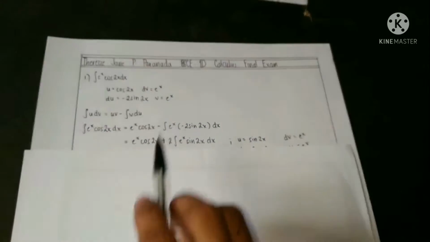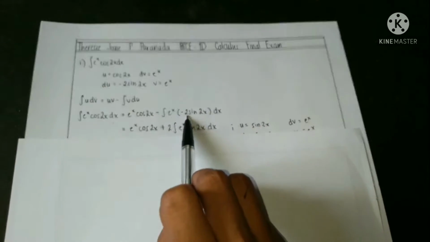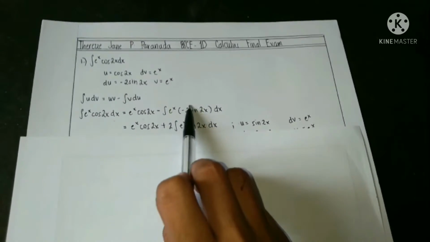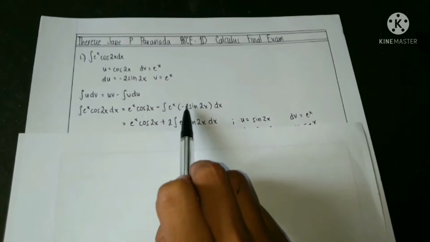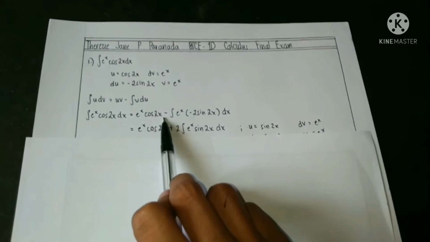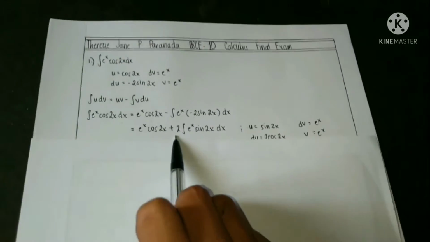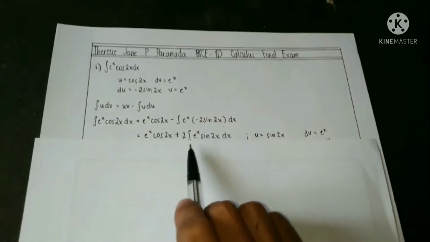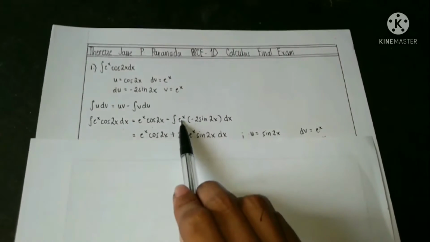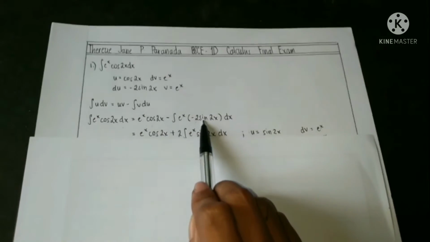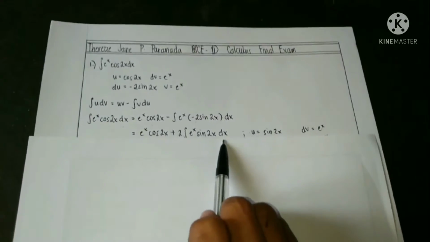Next, since we can see here that negative 2 is a constant, we can take negative 2 outside the integral. So it will become positive 2 times the integral of e raised to x times sine 2x dx.